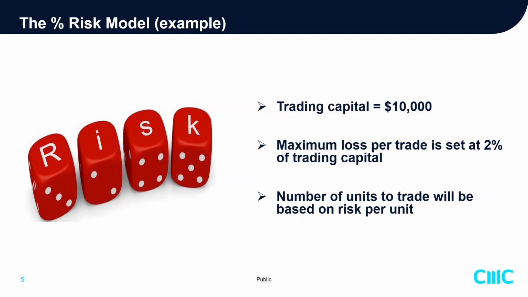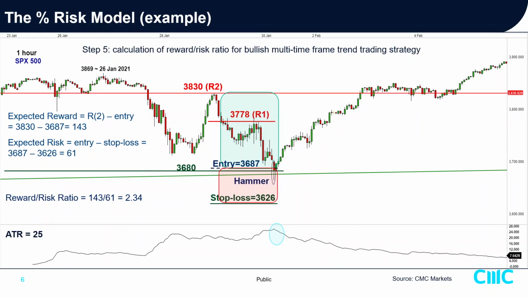All right, so what is this risk per unit and how do we calculate it using that 2% of trading capital? Let's look at this example, which in my previous module I shared with you, this multi-time frame trading strategy. This is a bullish one, the bullish leg. I already calculated the reward risk ratio of this bullish multi-time frame trading setup. It has the expected risk of 61 points.